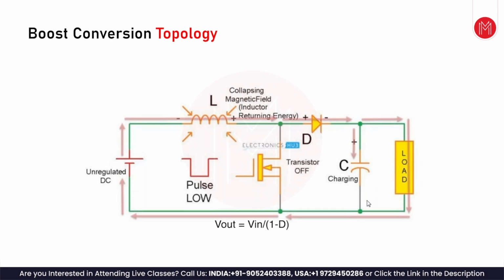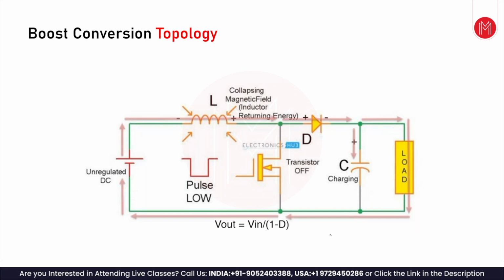So in this case, V out is V in divided by 1 minus D. There it is V in times D, here it is V in by 1 minus D, based on the duty cycle. So here the off condition is more prominent. In the off condition it receives current here.